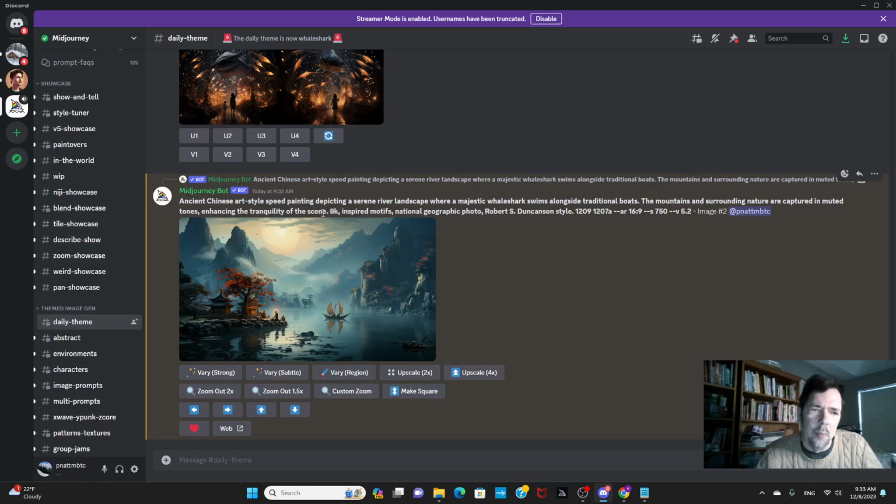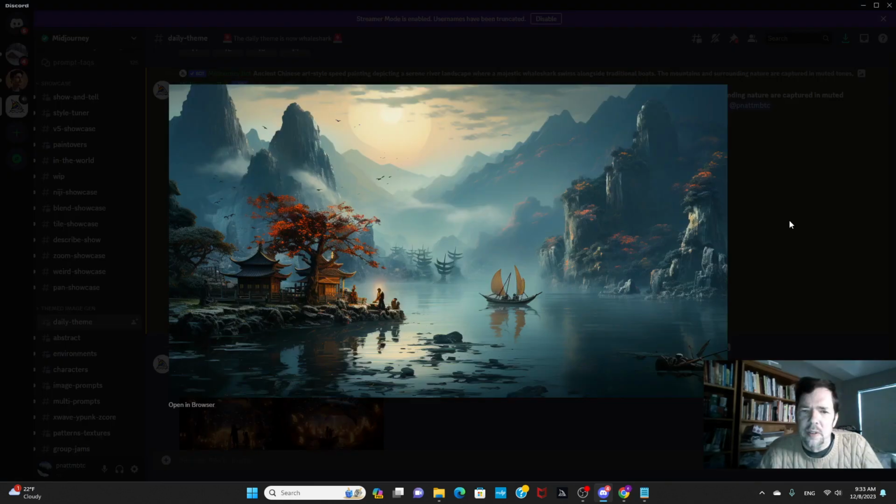So this does look like a Chinese art style painting to me. It's quite a nice image, even though this one doesn't have a whale shark in it, but it's still a pretty picture. Anyway, that gives an idea of the catalog system. And what I like about it is that it's very simple to use and yet very powerful.